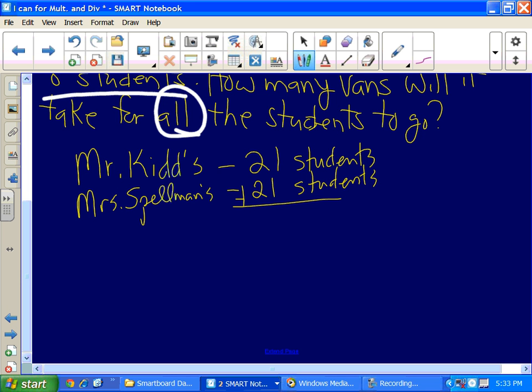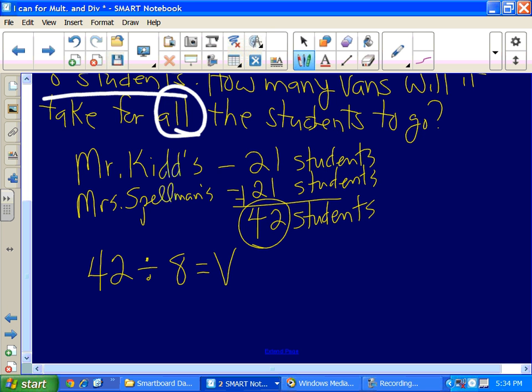To get our total amount of students, we just need to add those two together, because if we don't know the total number of students, we won't know how many vans. So this is the total number of students. Now we are separating these 42 students into vans that hold 8 students. Every time we get 8, we get a van. So we're trying to see how many groups of 8 we can get from 42.